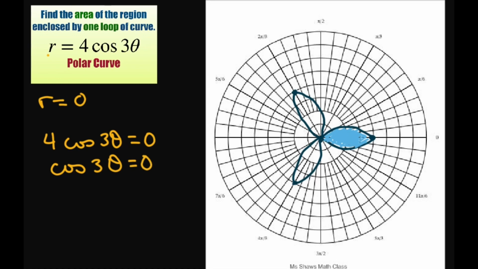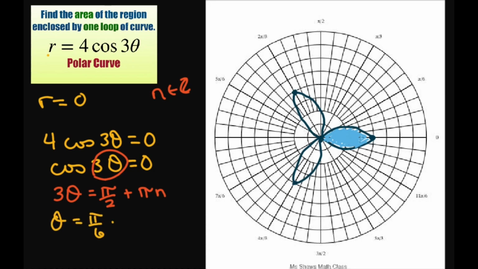So this will be true when 3 theta equals pi divided by 2 plus every pi times n, for n is some integer. Therefore, dividing by 3, we're going to get theta equals pi divided by 6 plus pi divided by 3n.